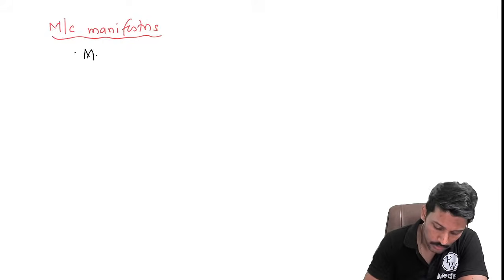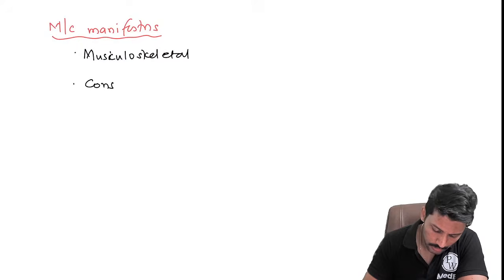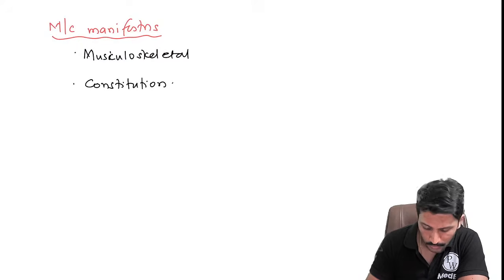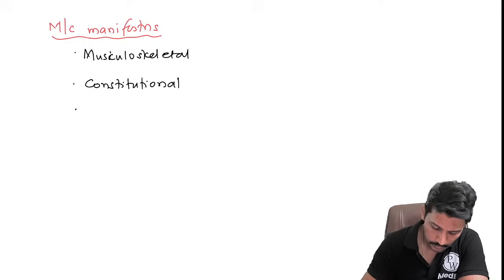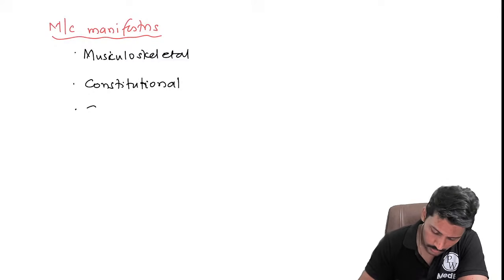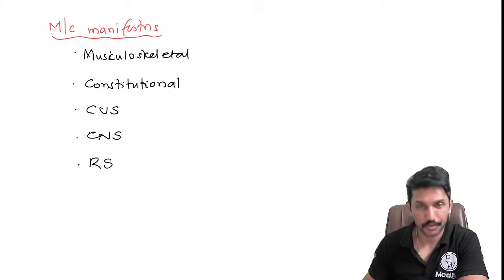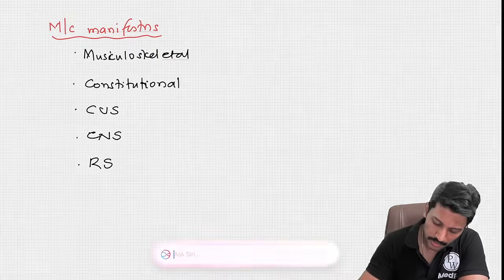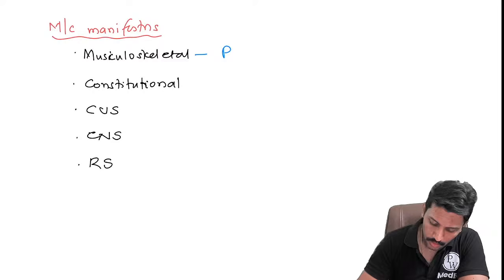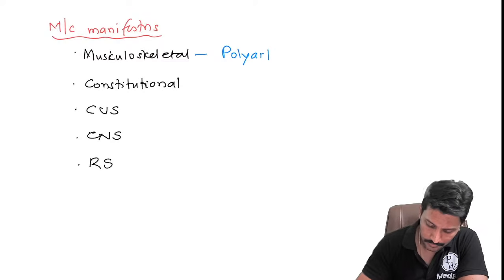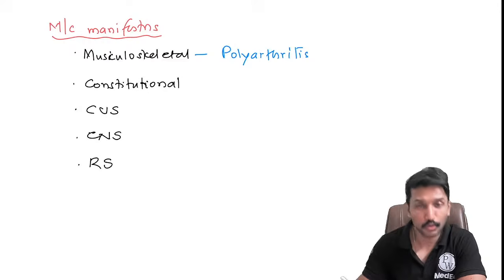The most common musculoskeletal manifestation, the most common constitutional symptom, the most common cardiovascular manifestation, the most common central nervous system manifestation, the most common respiratory system manifestation. The most common musculoskeletal manifestation is polyarthritis. So you get polyarthritis also in rheumatoid arthritis, right?